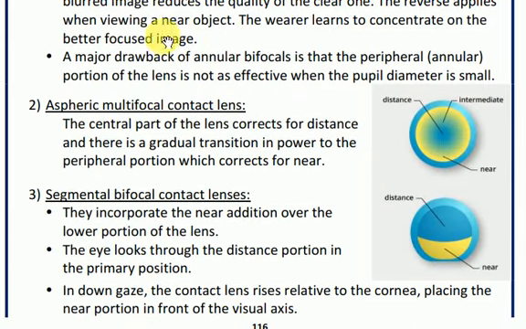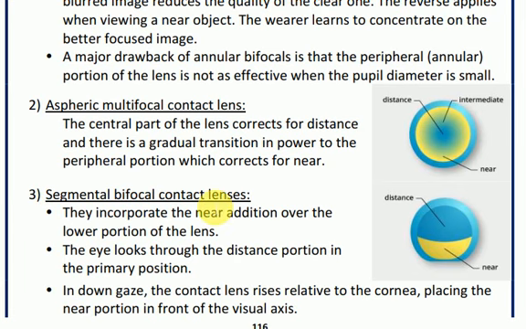A major drawback of the annular bifocal is that the peripheral annular portion of the lens is not as effective when the pupil diameter is small. Aspheric multifocal contact lens: the central part of the lens corrects for distance, and there is a gradual transition in power to the peripheral portion which corrects for near.